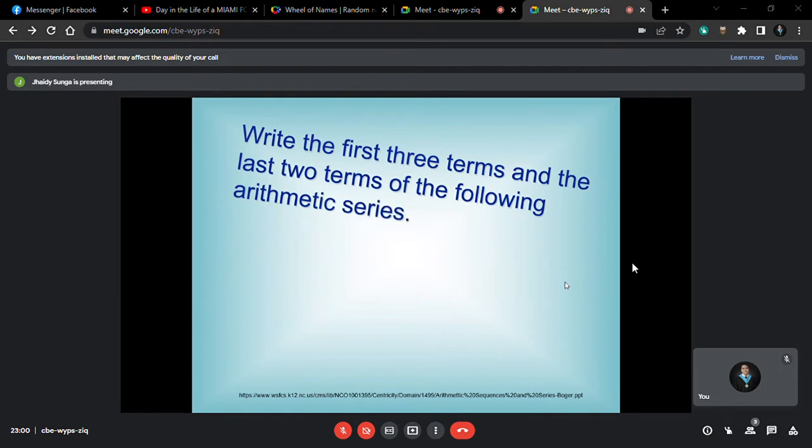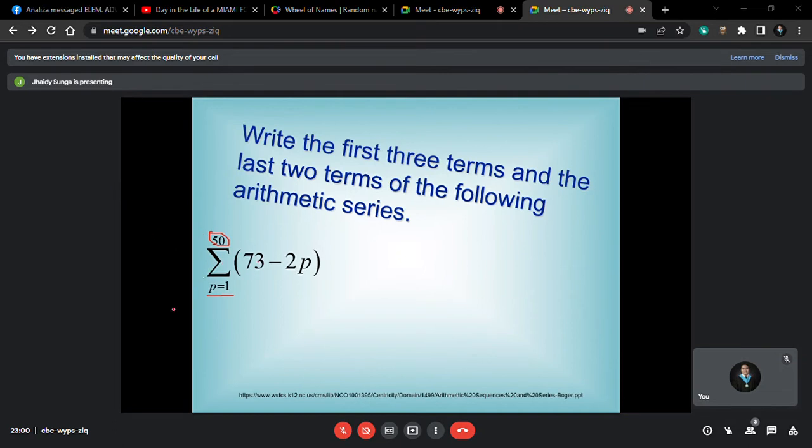It says, write the first three terms and the last two terms of the following arithmetic series. So if you will recall, we have this summation sign. If you will notice, in this summation sign we have p equal to 1 as well as 50 above the summation sign.